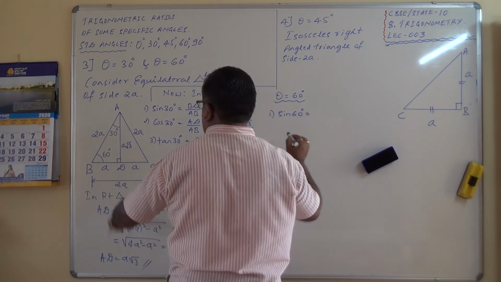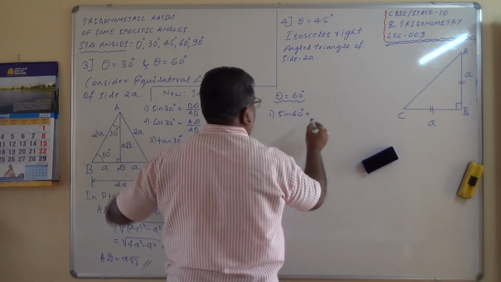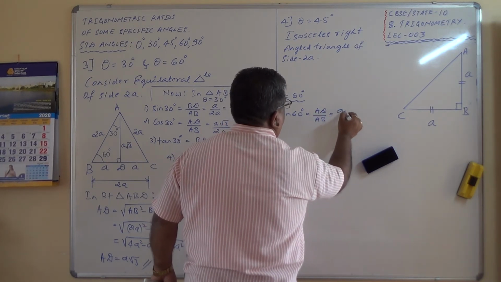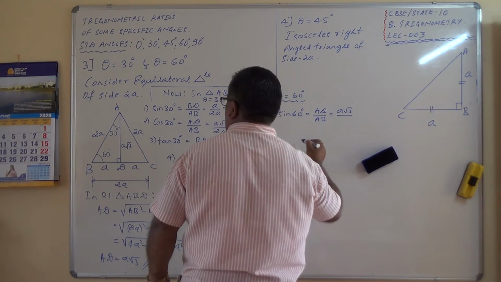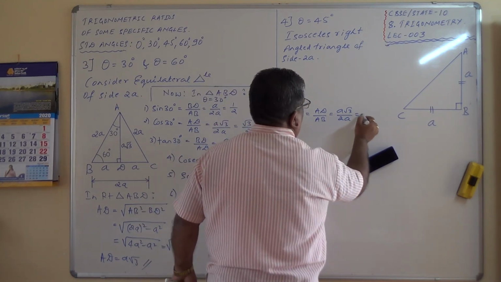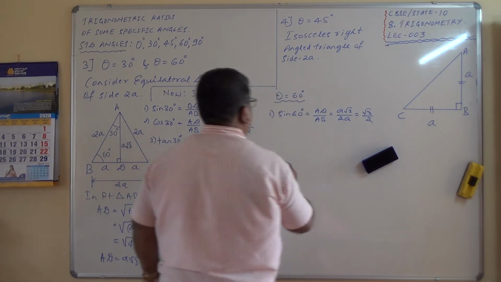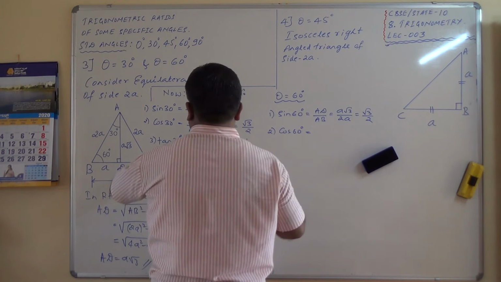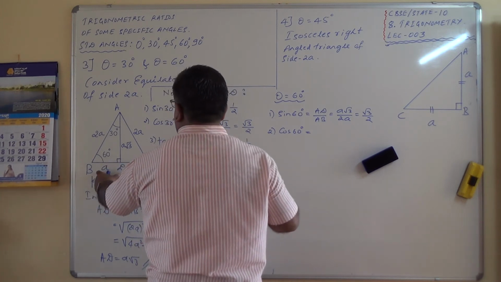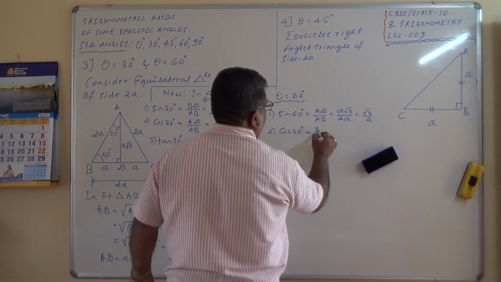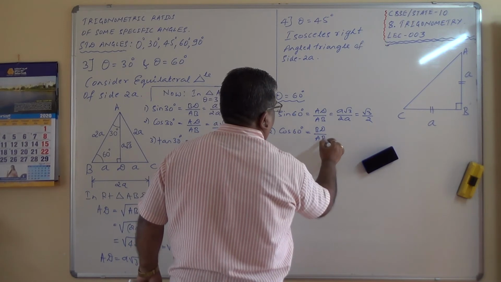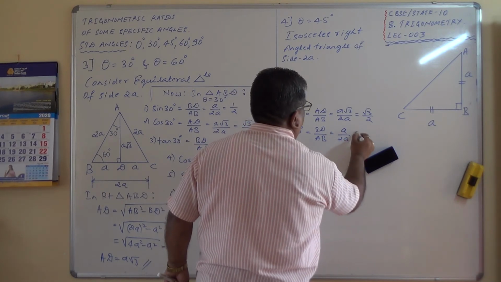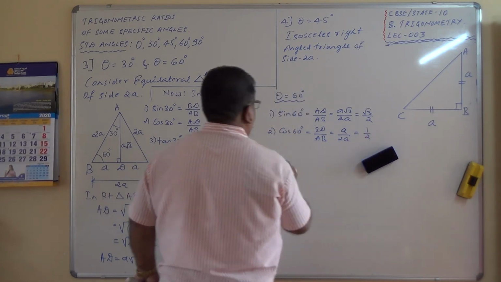Sine 60 equals AD by AB, a times root 3 divided by 2a, which is root 3 by 2. Cos of 60 degrees equals BD by AB, BD is A divided by 2A, which is 1 by 2.